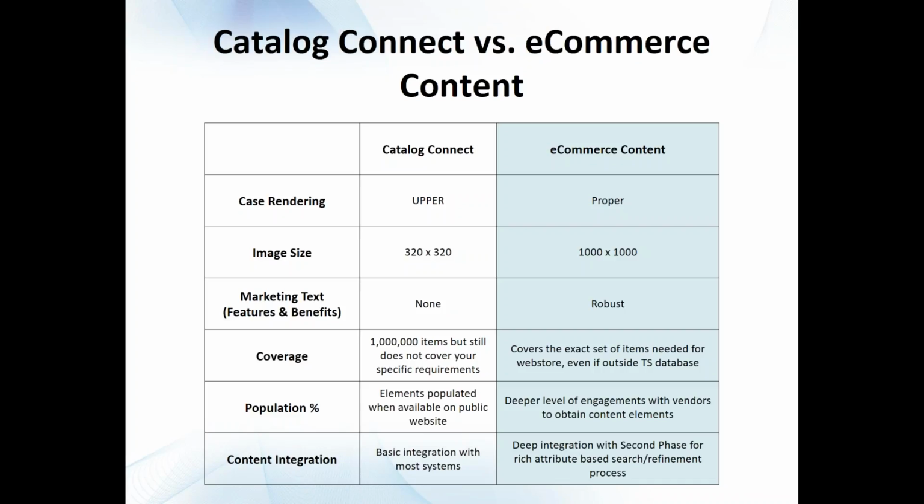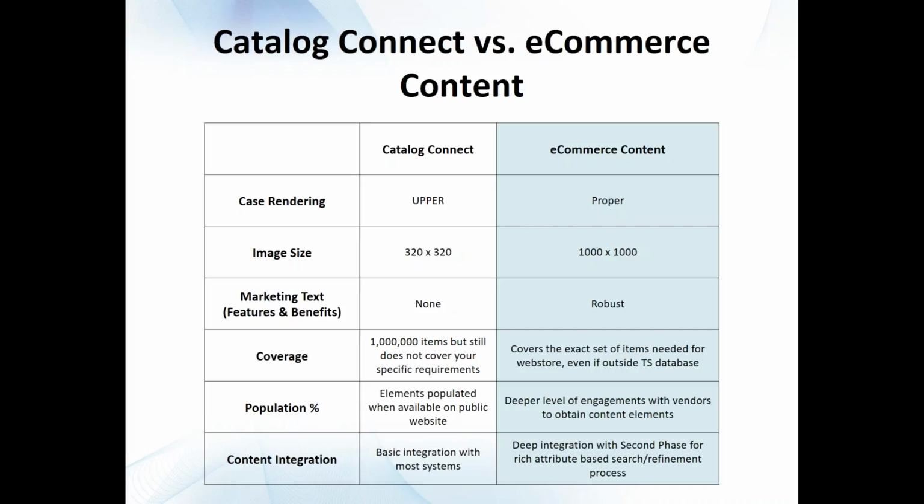The image size, as I mentioned, in Catalog Connect, you get a 320 by 320 pixel image. That's the standard image. It fits in a window, but it doesn't provide the zoom capability that you get with a much larger image, so that when it's zoomed in, you get a nice big clear image of the product, and that's a very important feature within an e-commerce content site.